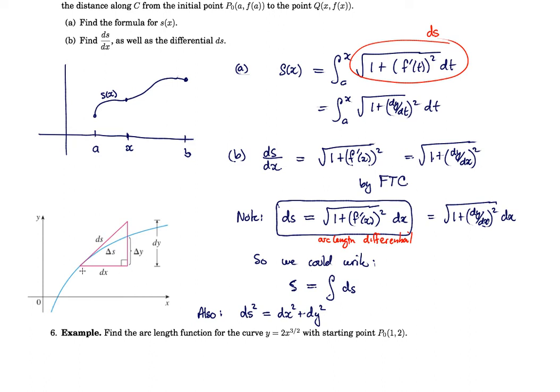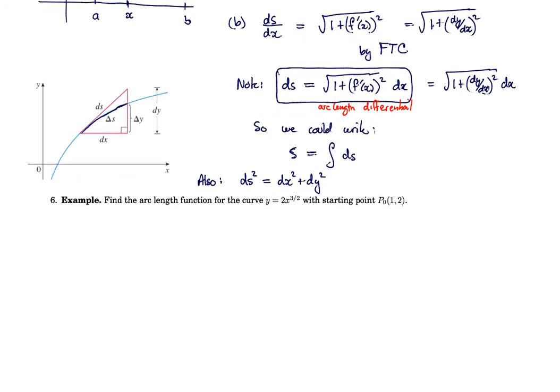And that's not surprising if we look at the diagram, because dx represents this small change in x, dy represents the change in y, and ds then represents the approximate change in the length of the curve. The actual change along the curve is delta s, and we can approximate that actual change by the change in the arc length differential.